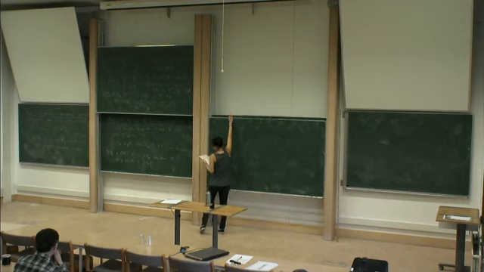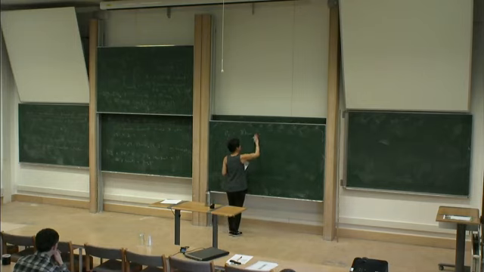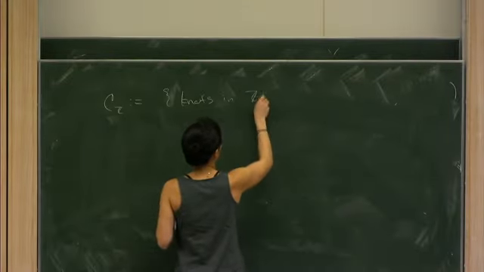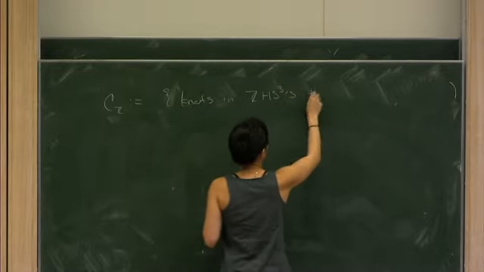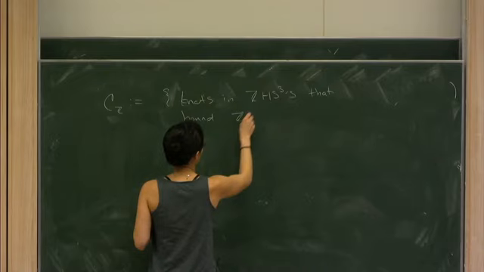So we'll denote this group CZ. So it's generated by knots in integer homology spheres that bound integer homology balls.